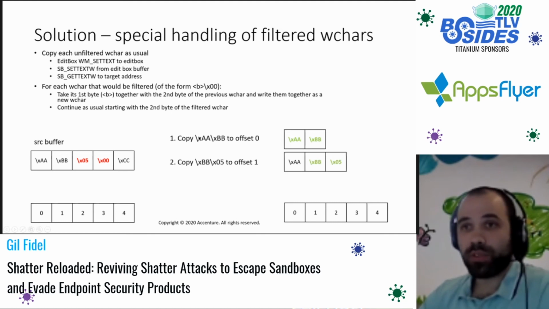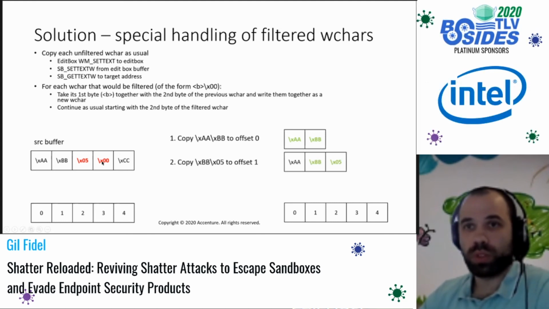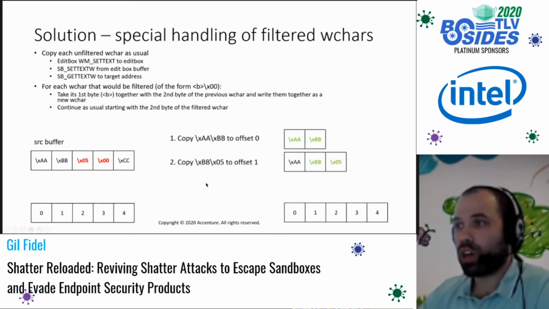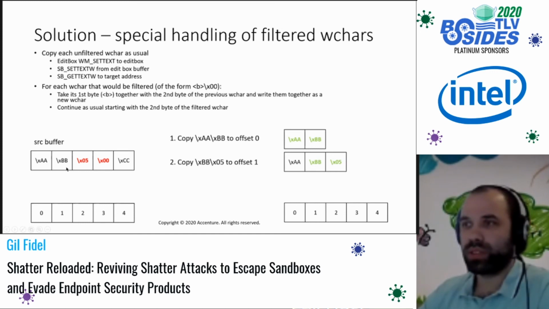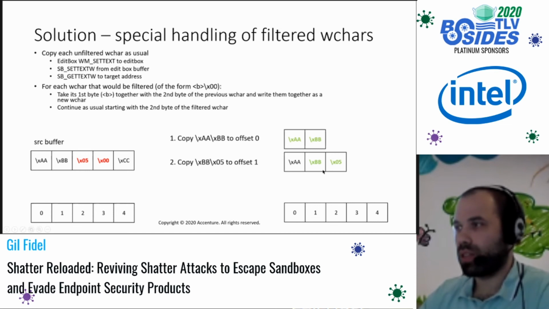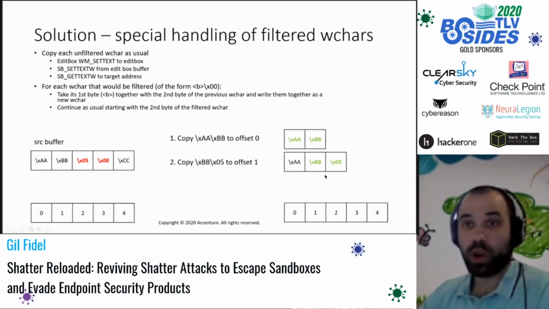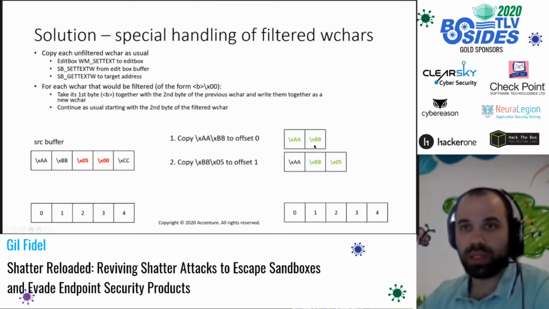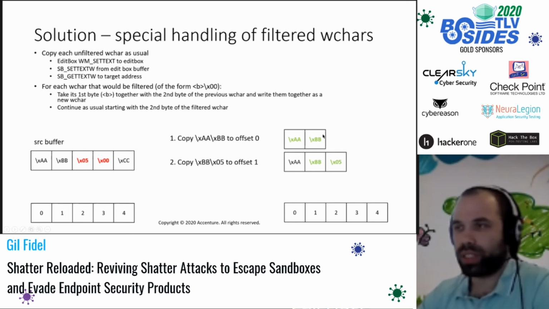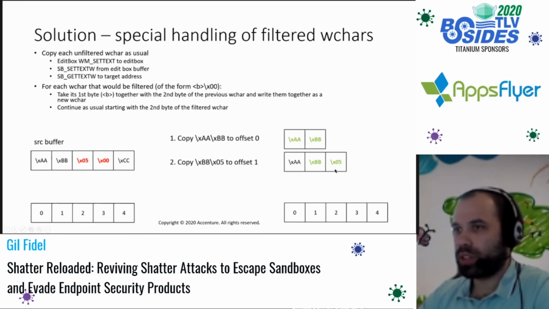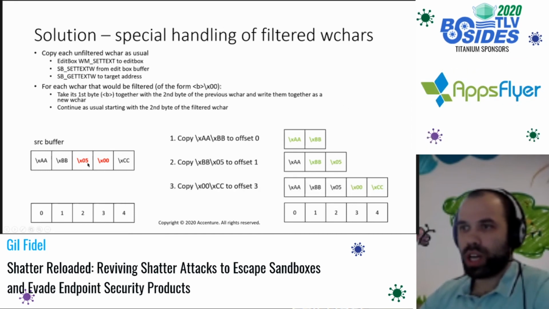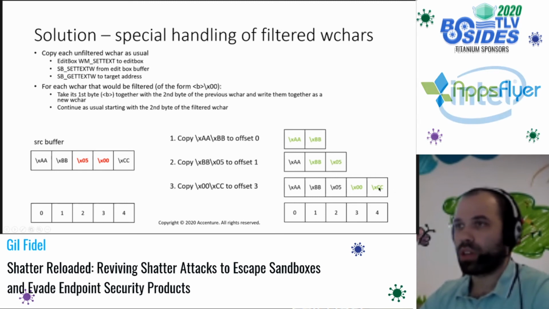But then instead of copying 0500, which would be filtered, we copy BB05 again to offset 1, and it would look like this. We overwrite the BB character again, but there's no problem with that. So we now have 05, and then we jump to copying 00CC to offset 3.